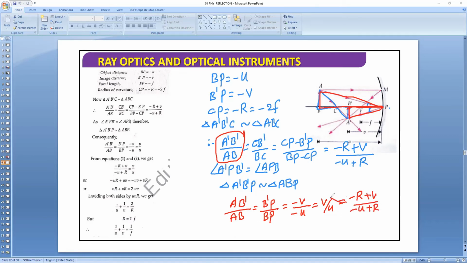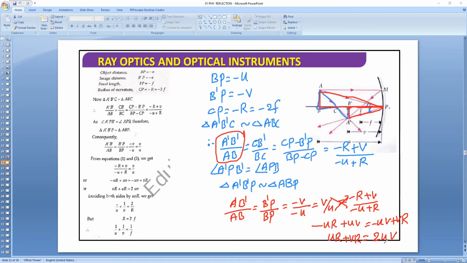So both you can make equal. After that, do the cross multiplication for simplification. So minus UR plus UV is equal to minus UV plus VR. Take plus VR and minus UR to the right-hand side: UR plus VR, and take UV to the other end, so UV plus UV is 2UV.